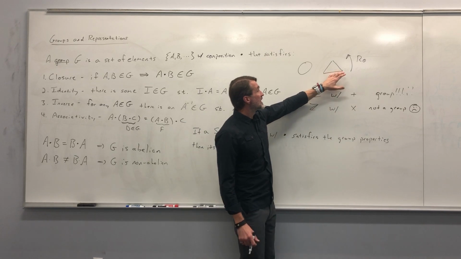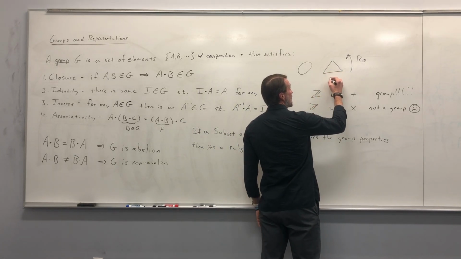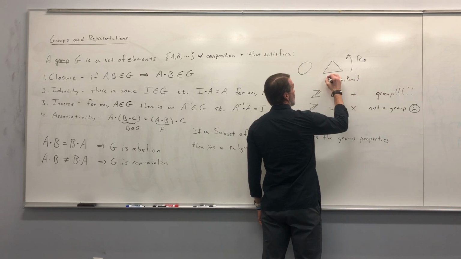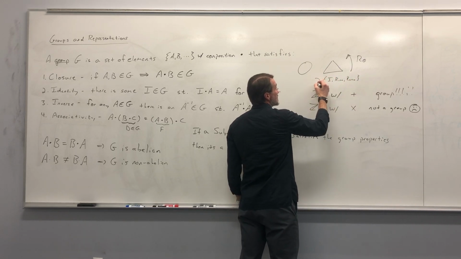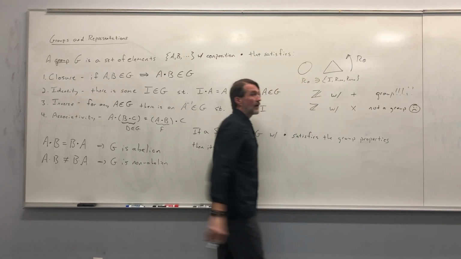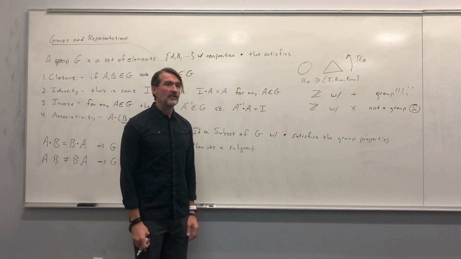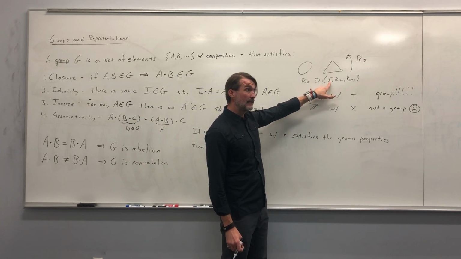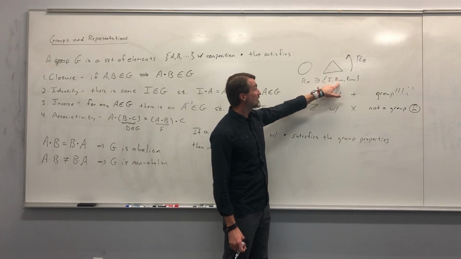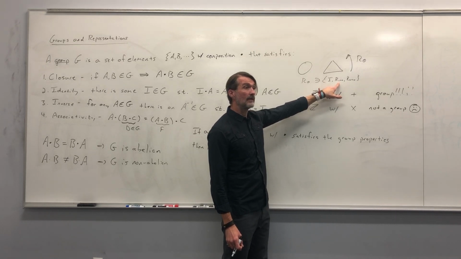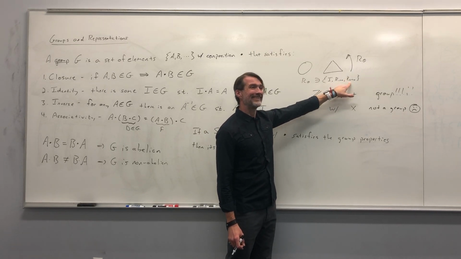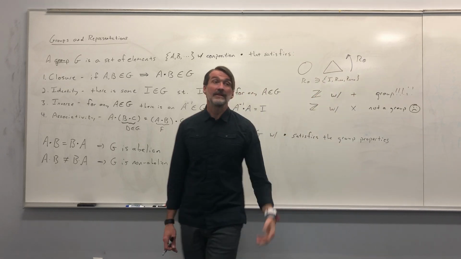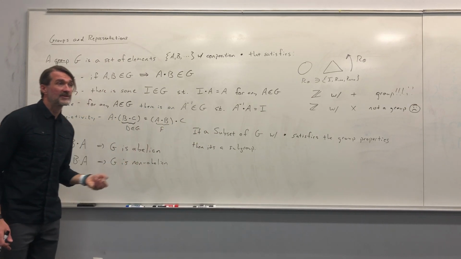But I just want you to realize that the triangle which had I, R120, and R240, that is obviously a subset of rotations by any angle between 0 and 2 pi. It's a subset because there's the identity, and what's the inverse of R120? R240. And what's the inverse of R240? R120. There you go. Okay, so that forms a group, a subgroup of the rotation group. Okay?